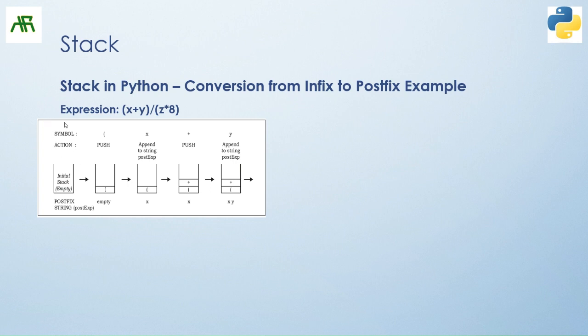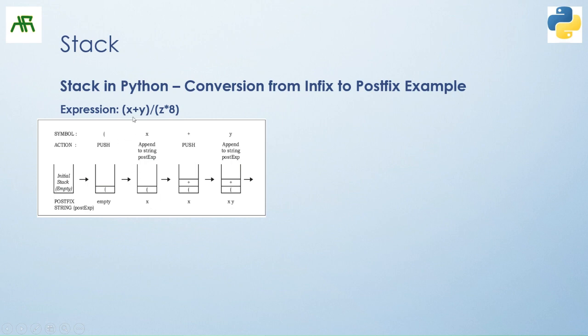The stack is empty now. For each character in the input string, we traverse left to right. The first one is an open parenthesis, so add it to the stack. At this point, the post exp string that is supposed to hold the final expression is still empty, and in the stack, we have the open parenthesis.